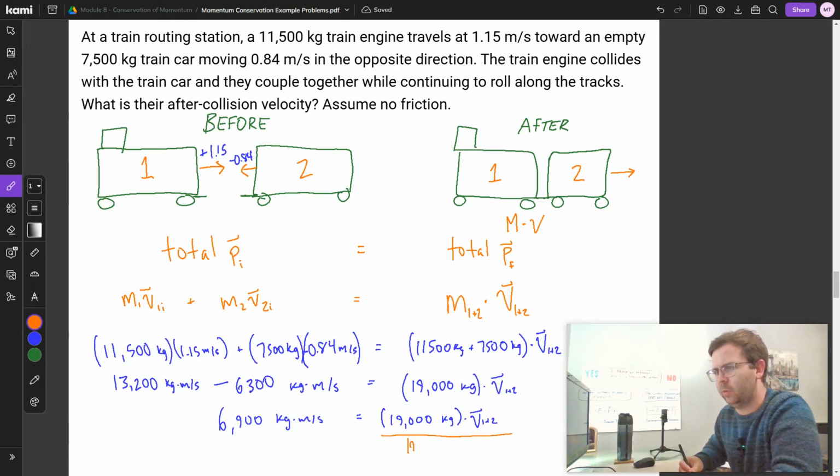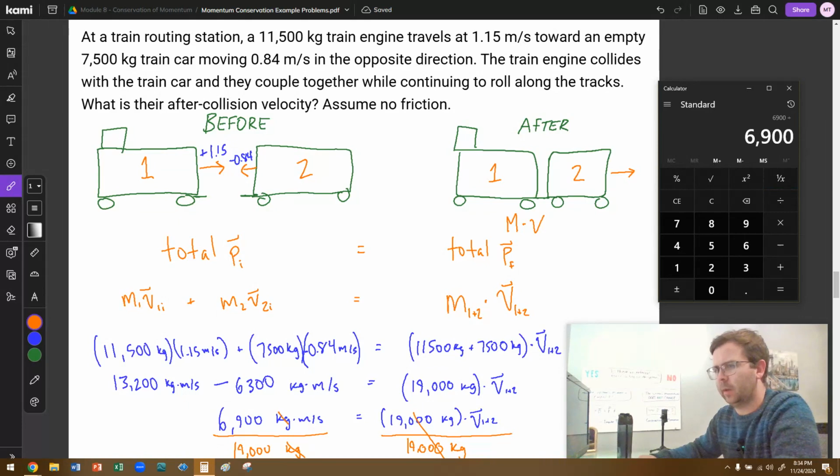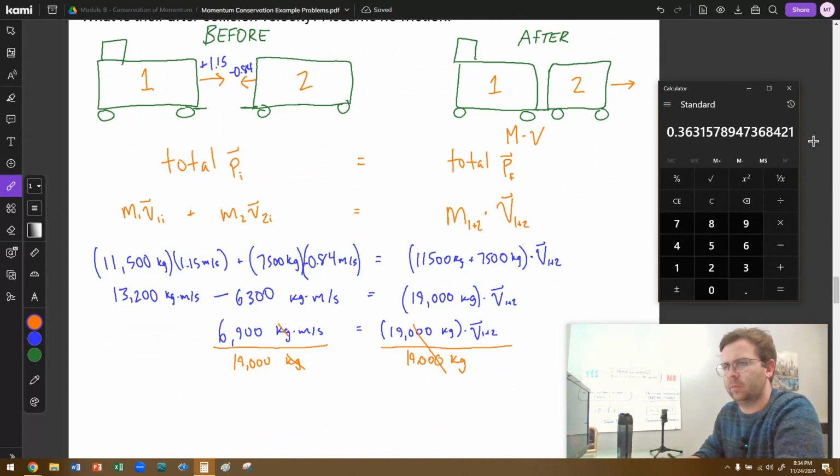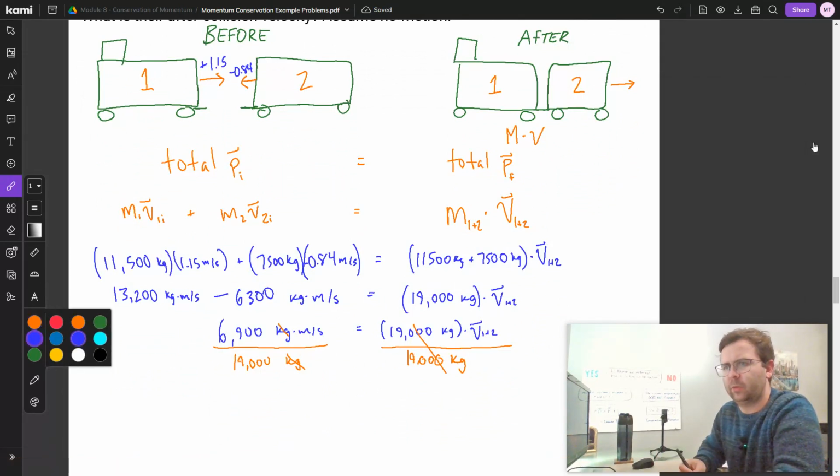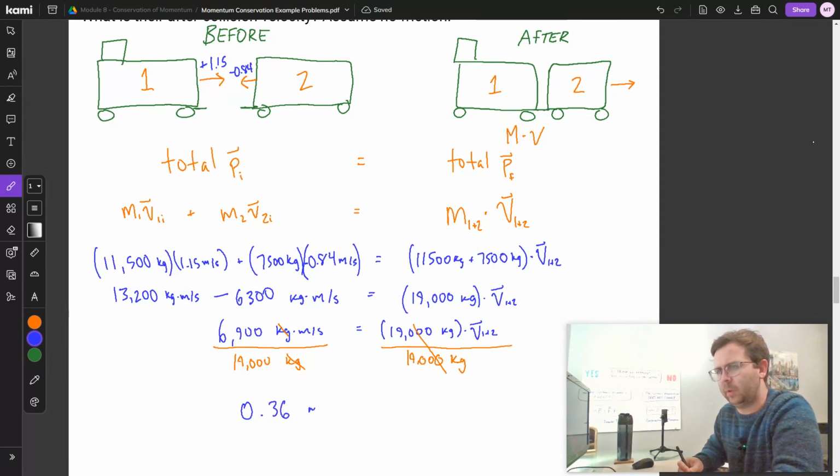I need to undo this multiplication over here, and I need to do that to both sides to keep it equal. So the kilograms cancel. Then I do 6,900 divided by 19,000. It's going to be a low number. It's a slow speed, 0.36 for our velocity. So that's 0.36 meters per second.